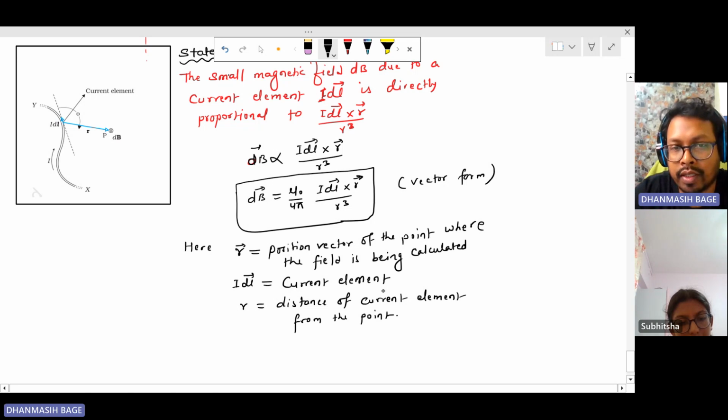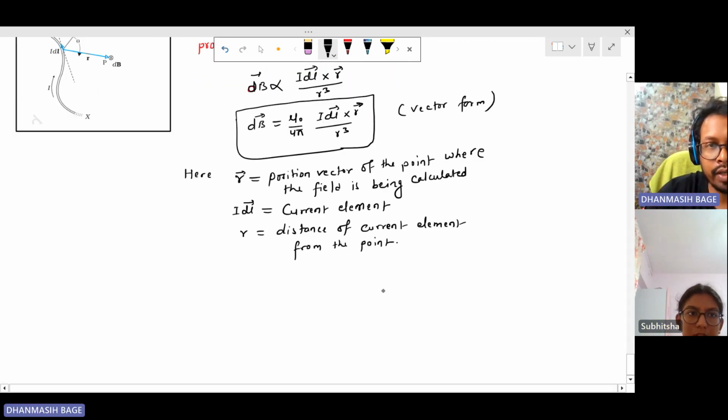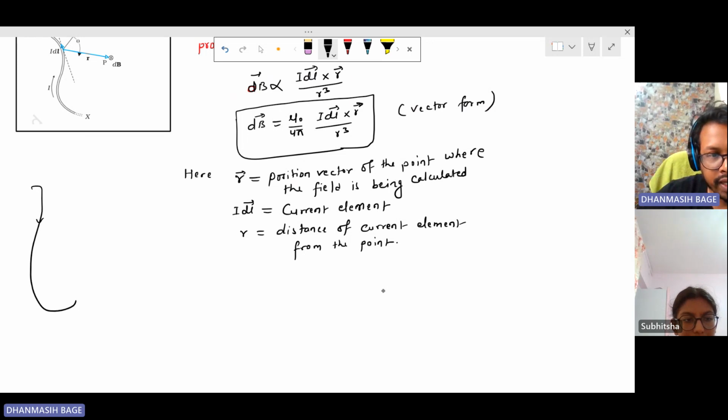Tell me, what did you not understand? The difference between r vector and r. R vector, right? Okay, just see that. If you're taking the wire something like this, current is flowing in this direction.